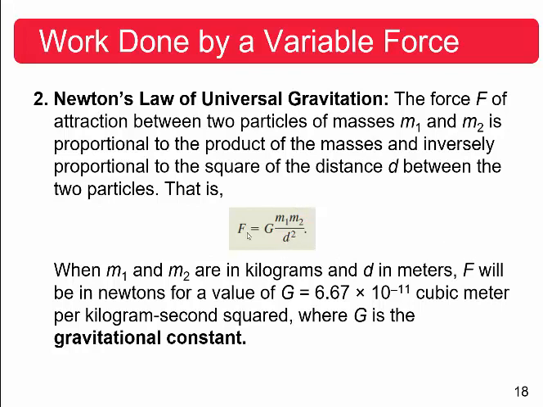F, the force, will be in newtons for a value of g equal to 6.67 times 10 to the negative 11 cubic meters per kilogram second squared. g is this gravitational constant. You take m1 times m2 and divide it by the distance squared.